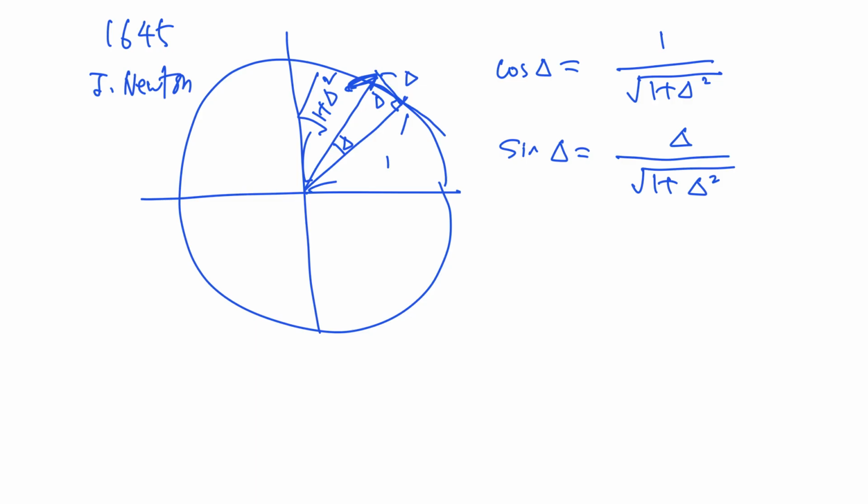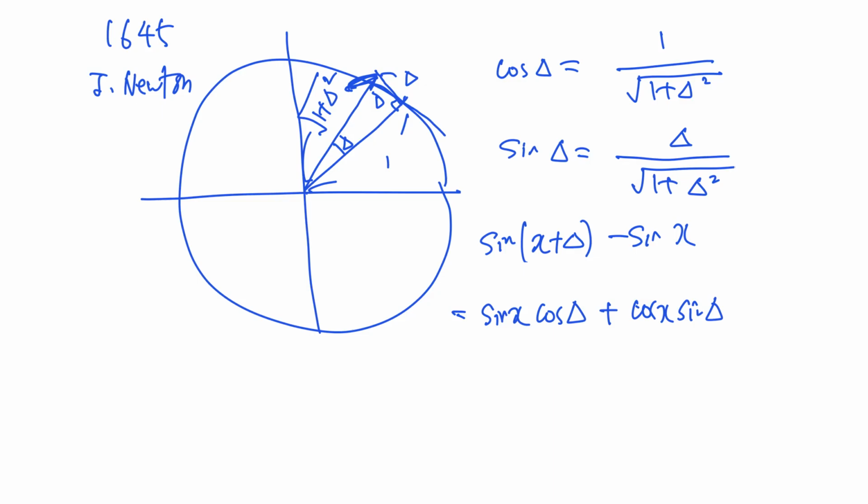So let's say sine of x plus delta minus sine x is sine x cosine delta plus cosine x sine delta minus sine x.